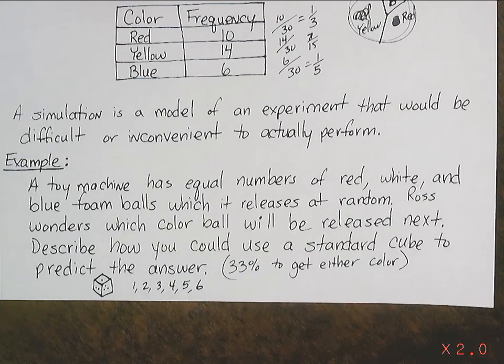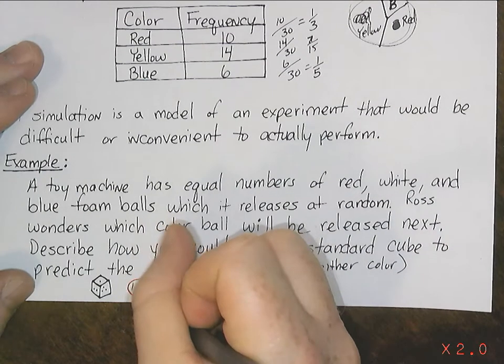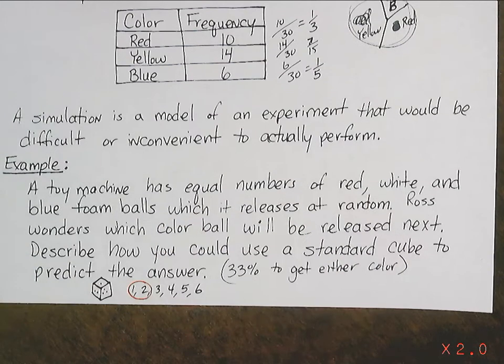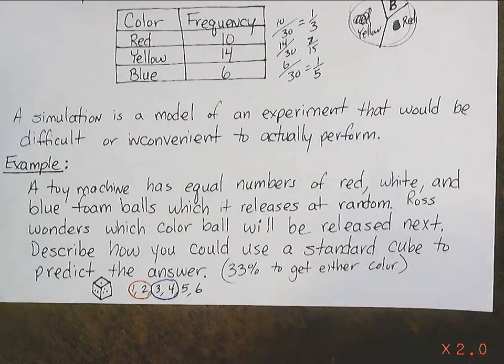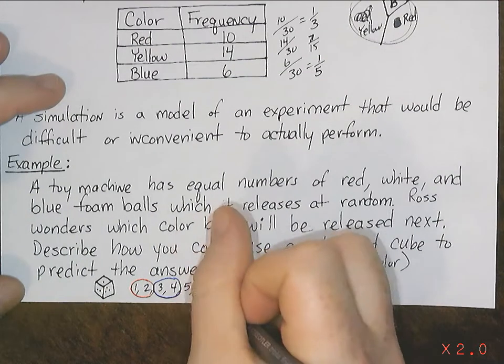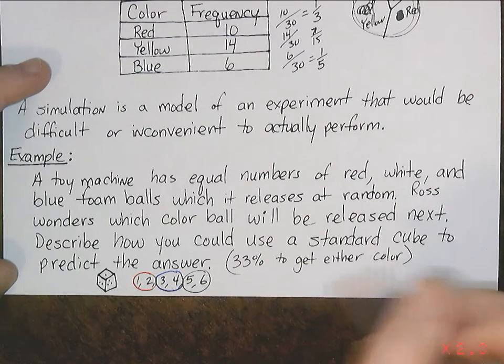So you could have 1 and 2 be red, 3 and 4 could be blue, and then 5 and 6 could be white. Obviously I can't do a white marker. So that's one way you could do it. That's how you could use a standard number cube.